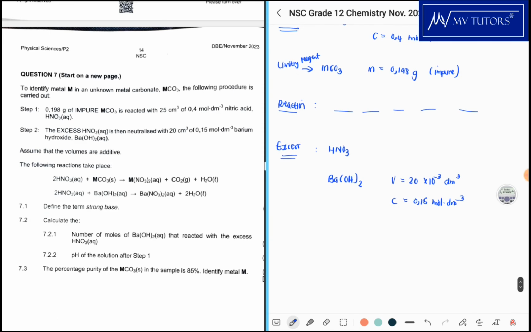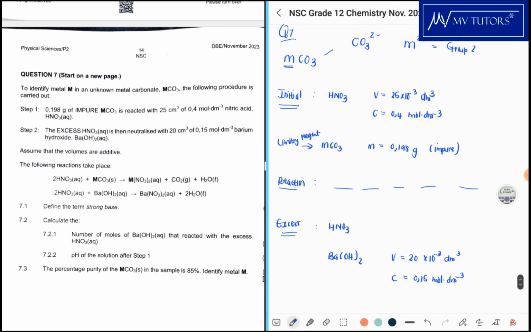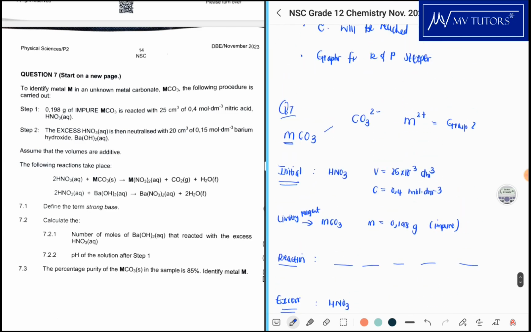Now we have summarized information. Now it says, assume that the volumes are additive. And then they give us the reactions that take place. So we can see then for step 1, I'm just going to put that in a different pen. So we have 2 mole HNO3 to the number of mole of this metal carbonate.